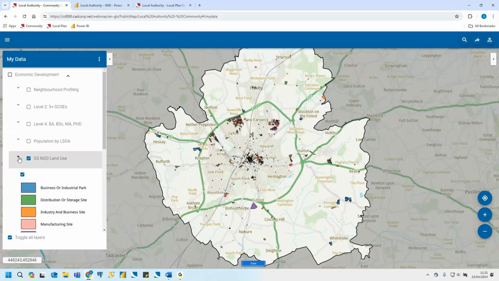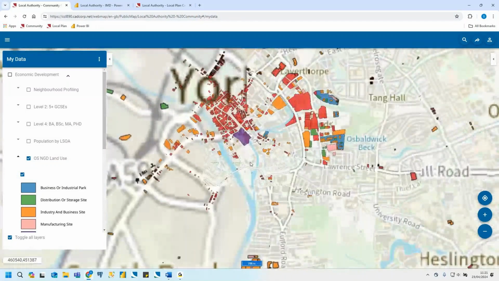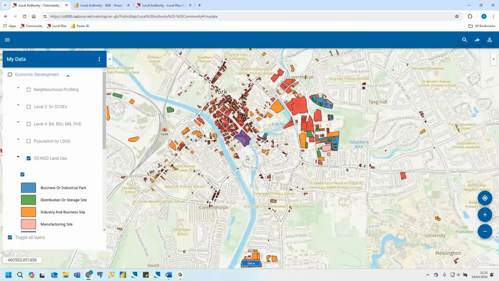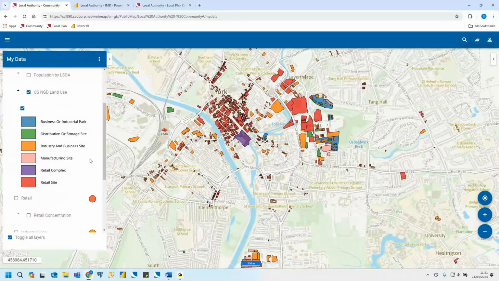Now, the Ordnance Survey have a land use data theme from the NGD. So as we zoom into the map here, it provides polygons showing land use. Now, I've just got an extract of that data set. And if you look at the legend on the left-hand side, I've cherry-picked some specific land use types that might be of most importance, to identify where that local economy is located.